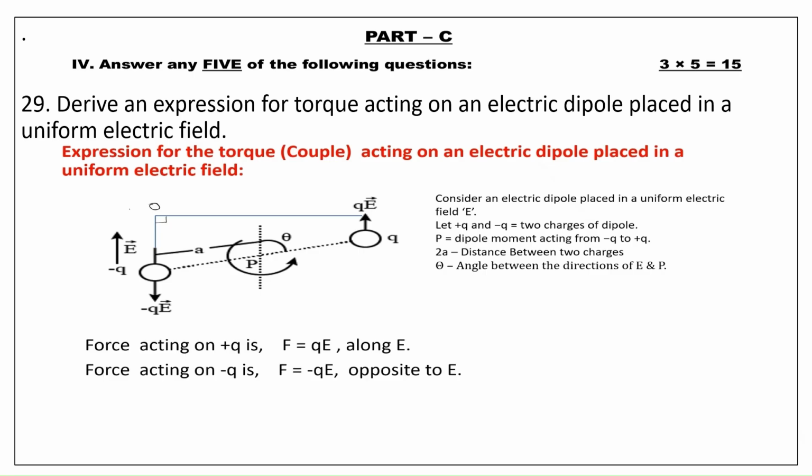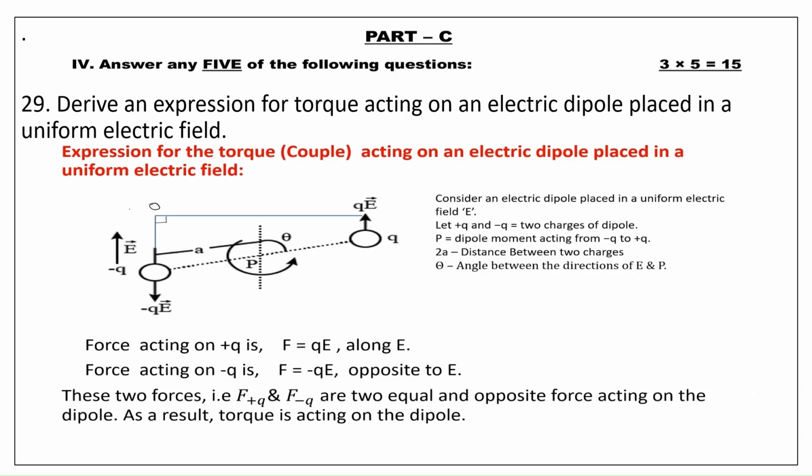Therefore, the force acting on +Q is F = QE along E. The force acting on -Q is F = -QE, opposite to E. These two forces are equal and opposite forces acting on the dipole.